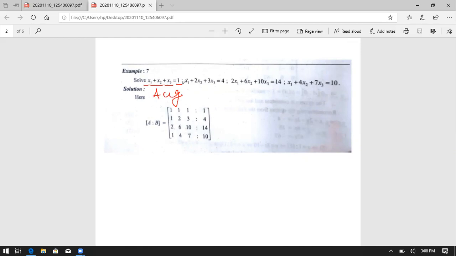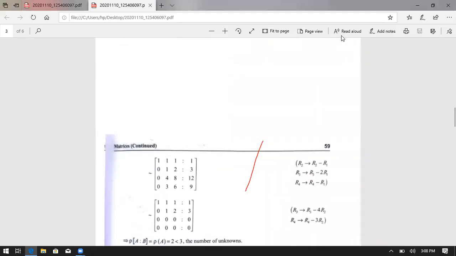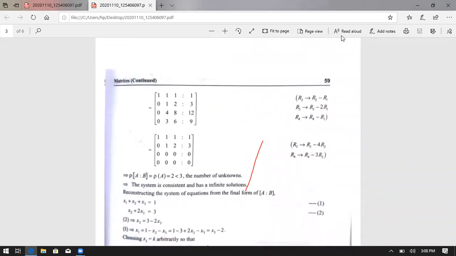Next the third equation, 2 is there, 6 is there, 10 is there, and 14 is there. Next the fourth equation, 1 is there, 4 is there, 7 is there, and 10 is there. I write here that augmented matrix. Next step is to apply row operations on the coefficients.